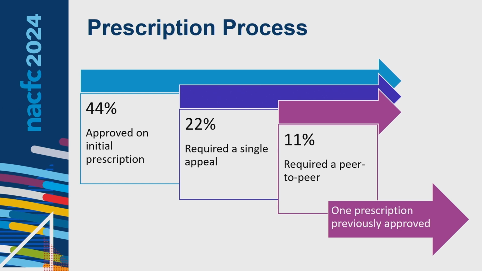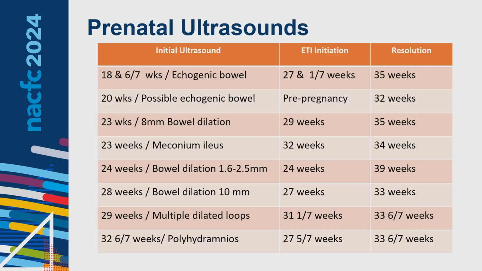There was one case that required a peer-to-peer, so that means that after that appeal of anywhere from a handful of days to 30 days, then there was some other lag time in coordinating that discussion between the insurance company and the care team. And then one patient did have the previously approved ETI for their own cystic fibrosis.